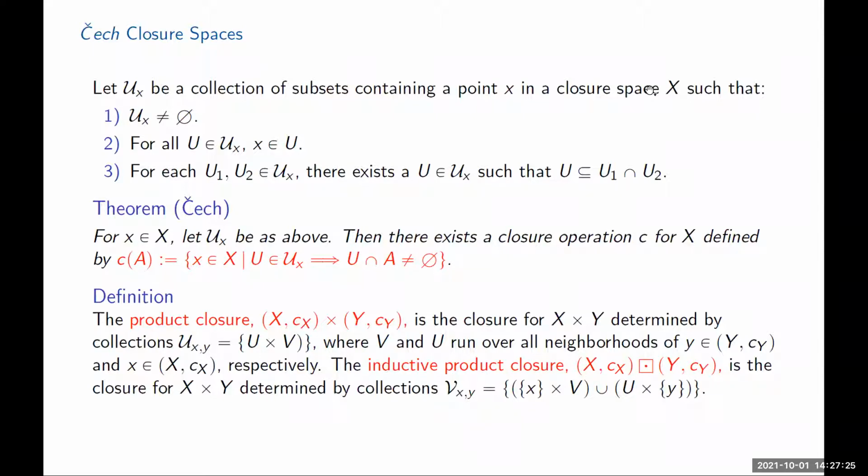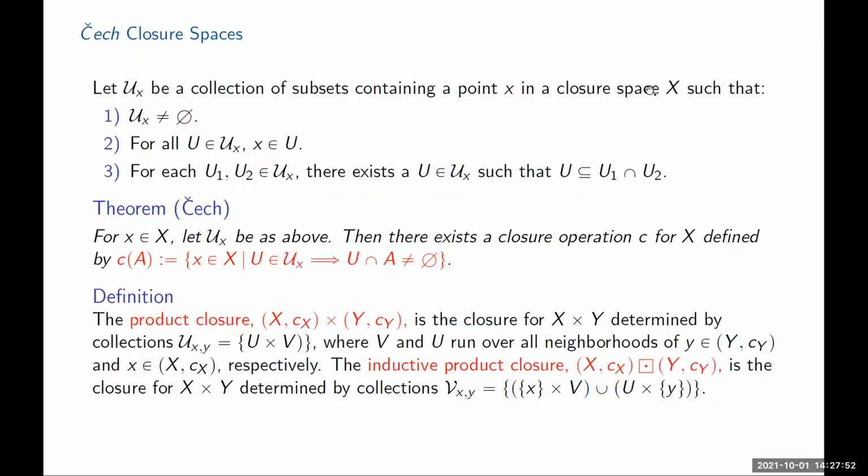And these are very much similar to the collection, the neighborhoods of a point that you have in topological spaces. So you want the collection to be non-empty, and you want the point to be contained in every element of the collection. And for every two elements, you want always to find a third element in their intersection. So it's kind of like a basis almost.